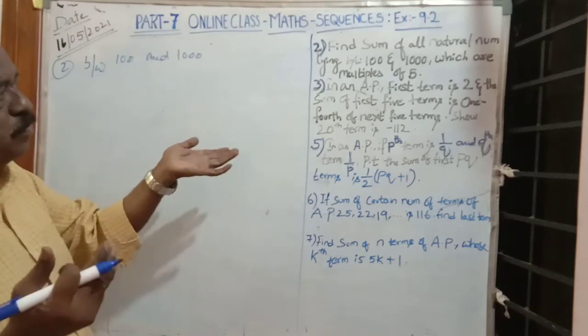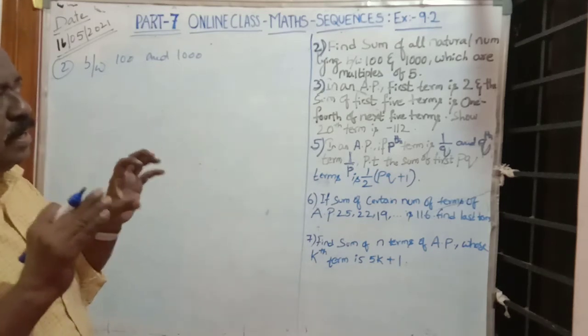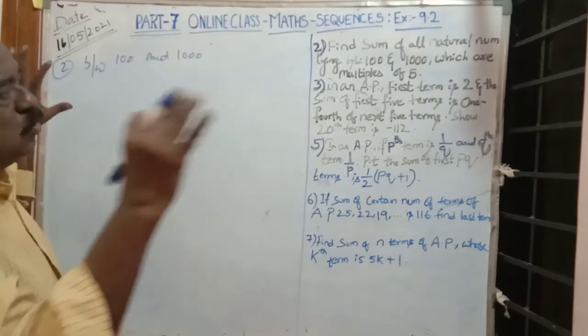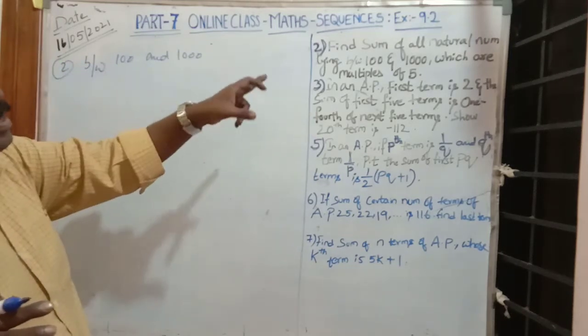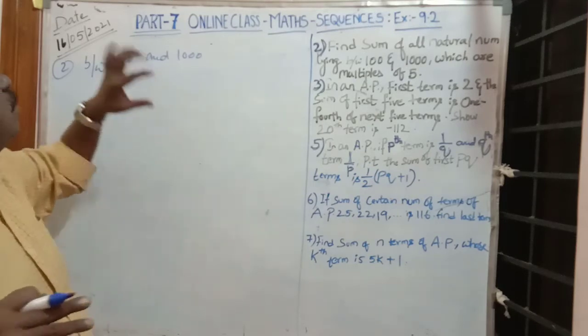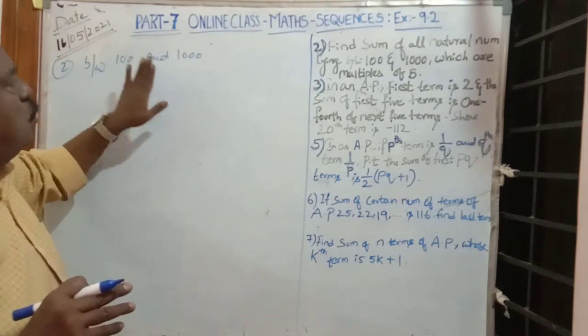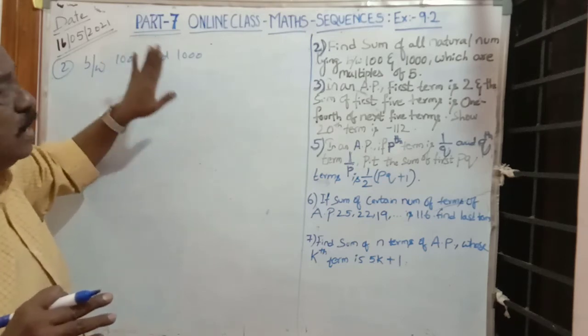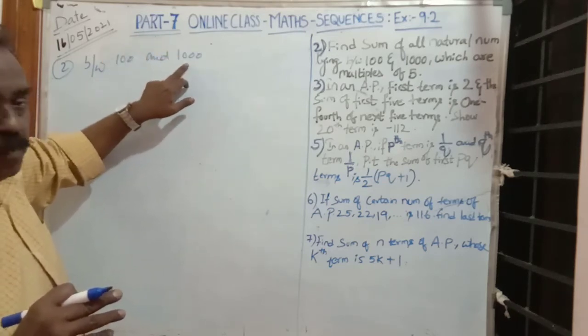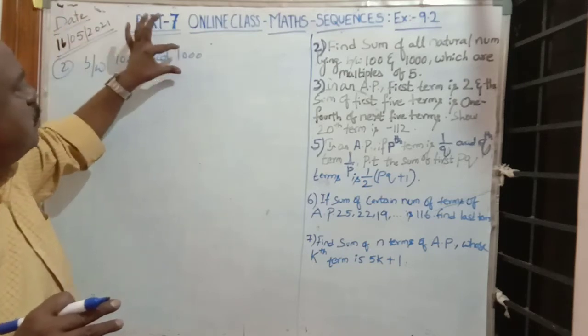Between 100 and 1000 means you delete those. The natural numbers in between are 101, 102, 200, 500, 900, 990, 999, okay?